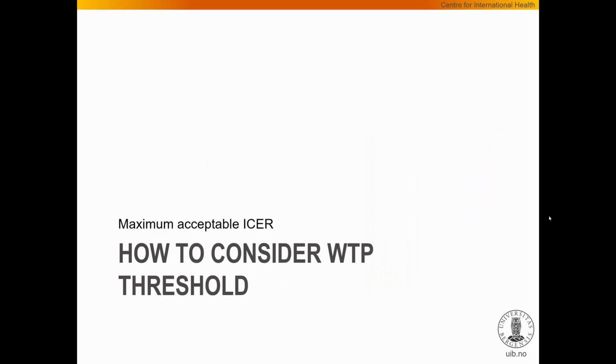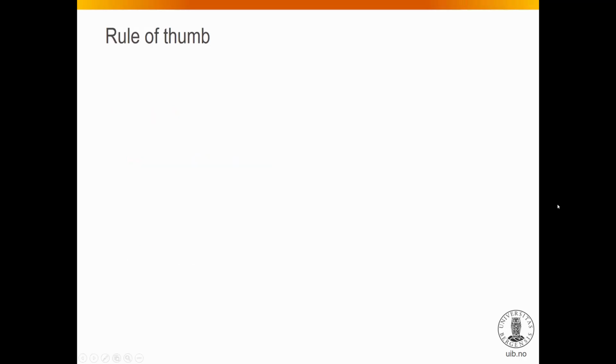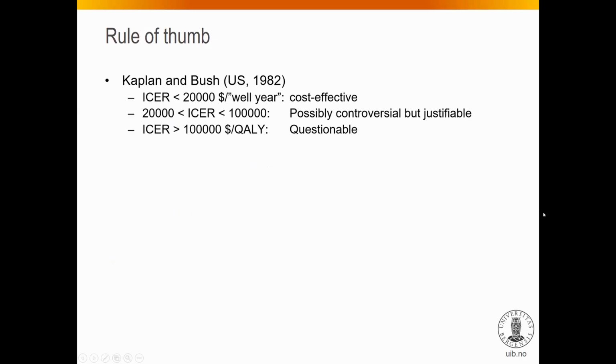Now, we talked about willingness to pay thresholds or cost-effectiveness thresholds. How can we consider this? How much should we be willing to pay? There are basically four approaches: the rule of thumb, league table, revealed, or stated preferences methods. Rule of thumb method is by far the most common to see in the applied literature.